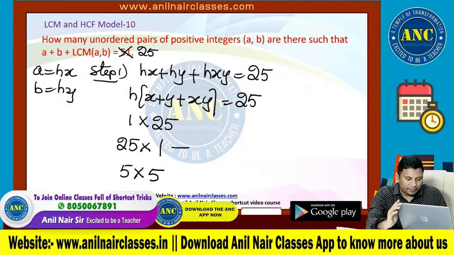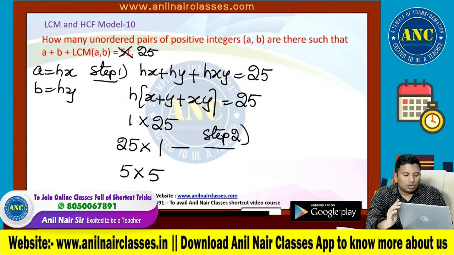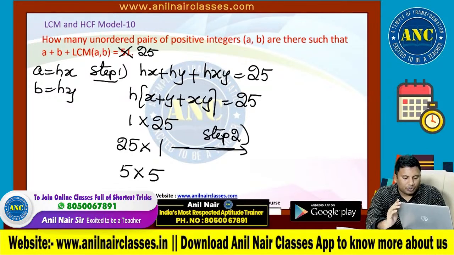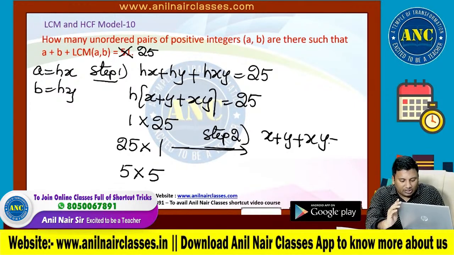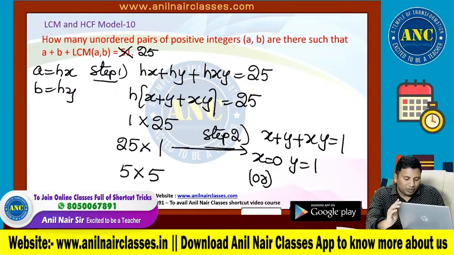Step 2. X plus Y plus XY if it is 1, that means X is 0, Y is 1, or X is 1, Y is 0.